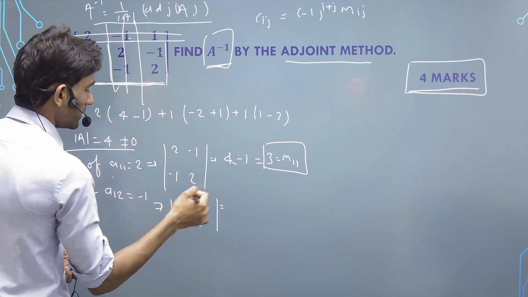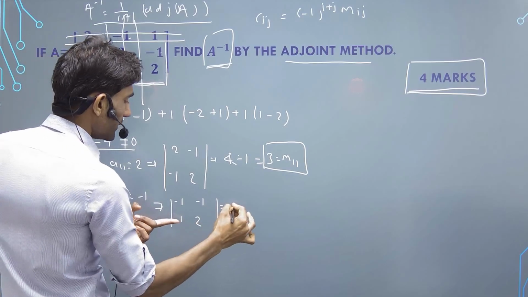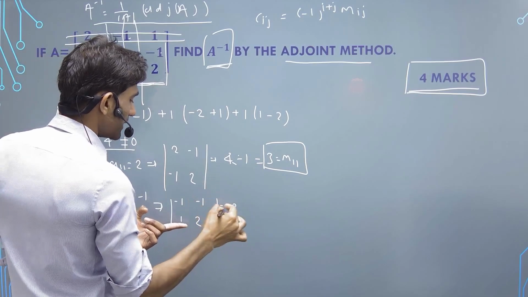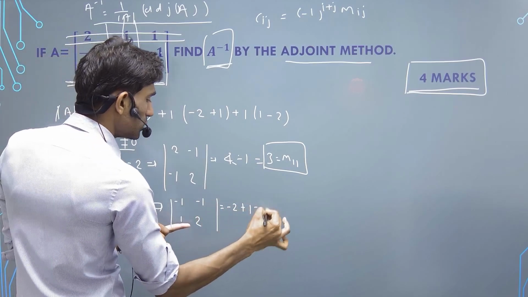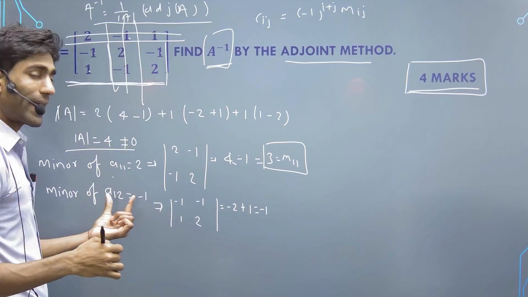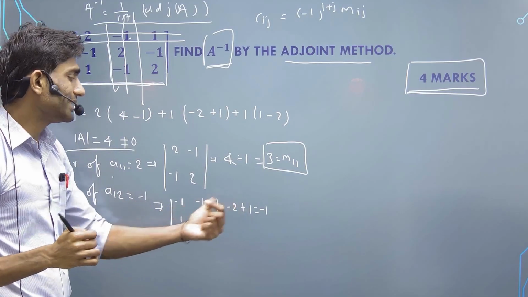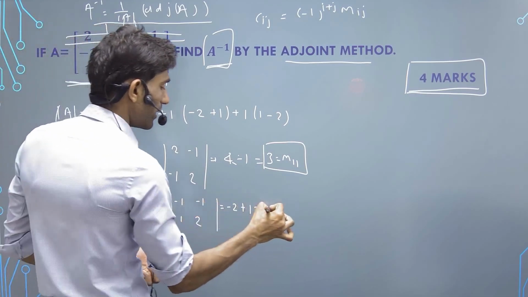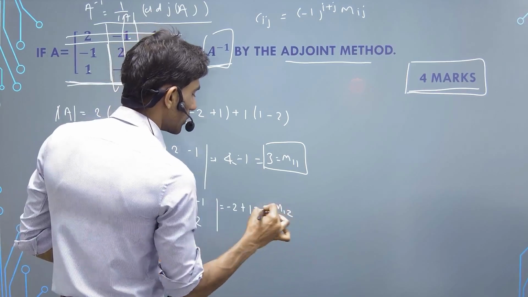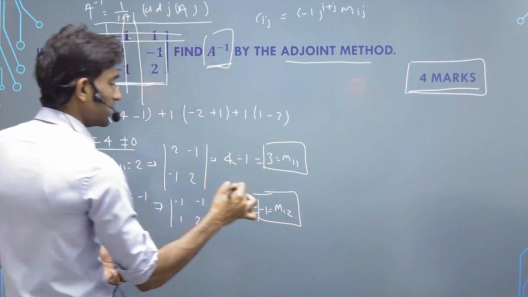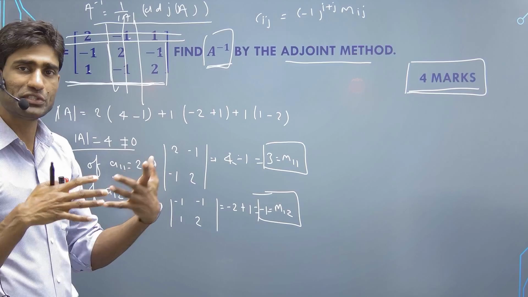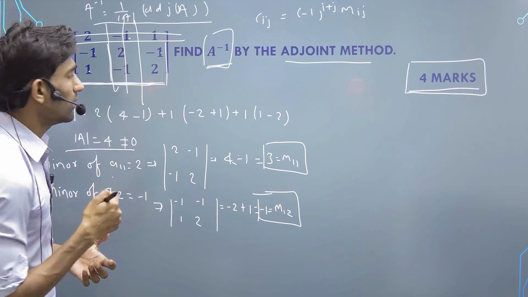Minus 1 into 2 gives minus 2, and minus of minus gives plus 1, so it goes to minus 1. So we got the minor of A12, which is minus 1. Similarly, we follow the same procedure for the other elements up to A33.